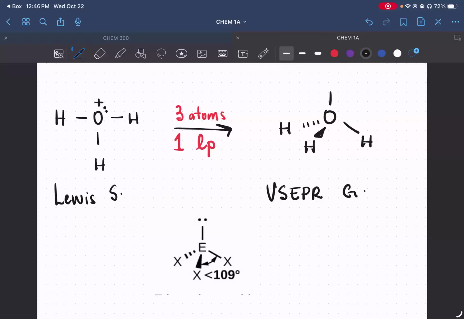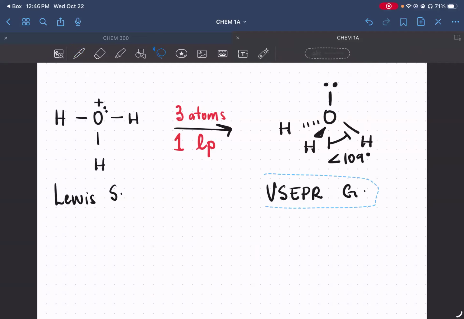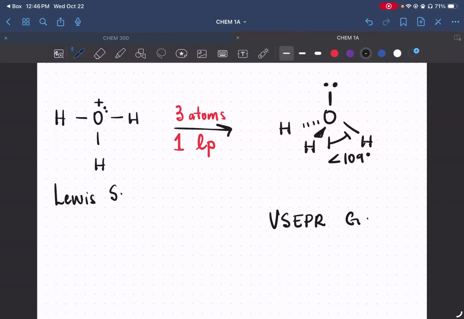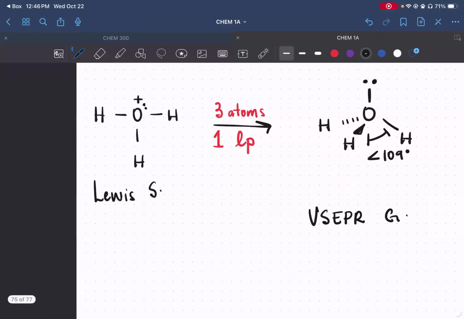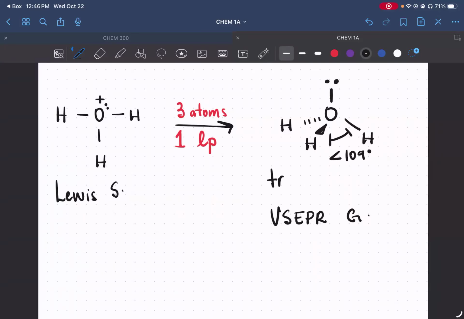And then on top, we have our lone pair. We can see from the template that the bond angle is less than 109. And of course, from the template, we know specifically this is trigonal pyramid.